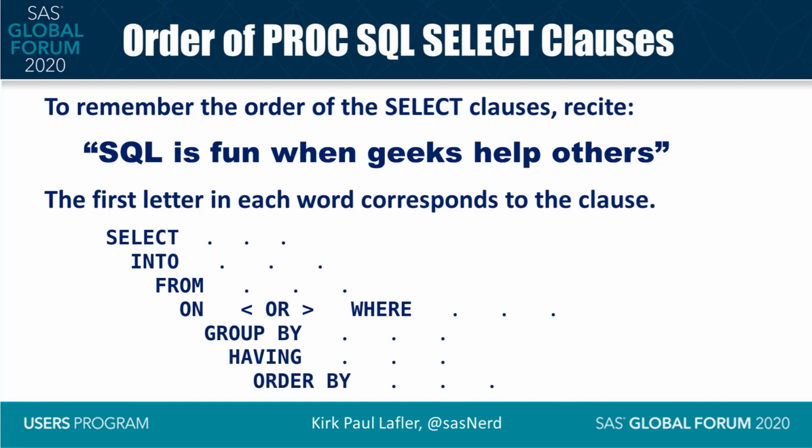Here we see the order of the SQL select clauses is select, followed by into, then from, on or where, then group by, then having, and finally order by. So if you can remember "SQL is fun when geeks help others," this should help you syntactically specify the clauses in their correct order.